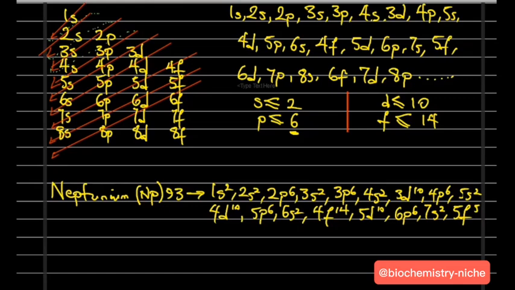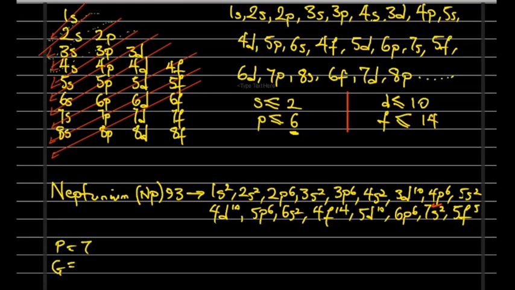So this is going to be the configuration of this particular element. We have 7s as our highest s orbital, and we have 5f. Let me take it one after the other. 7s is our highest orbital, so that signifies our period 7. And then for the group, it belongs to the f block and the 5th port.